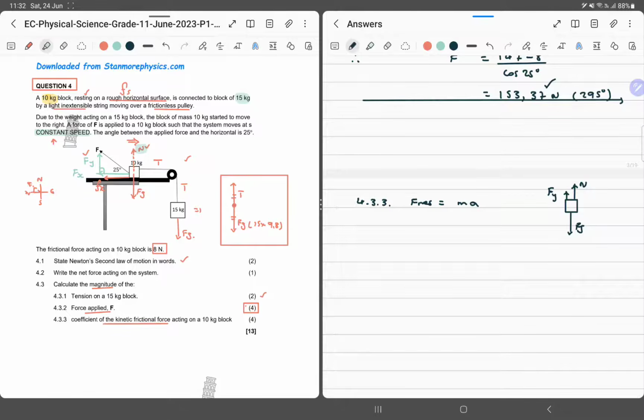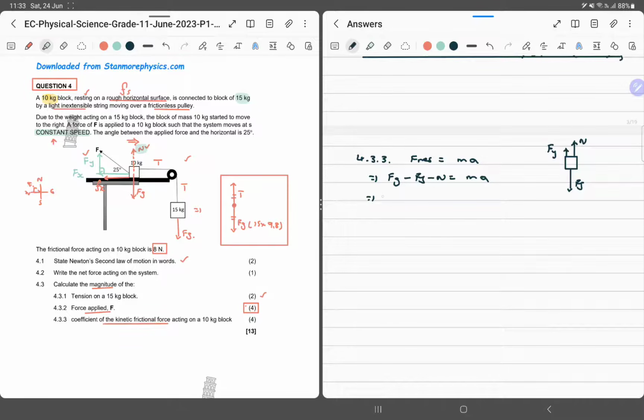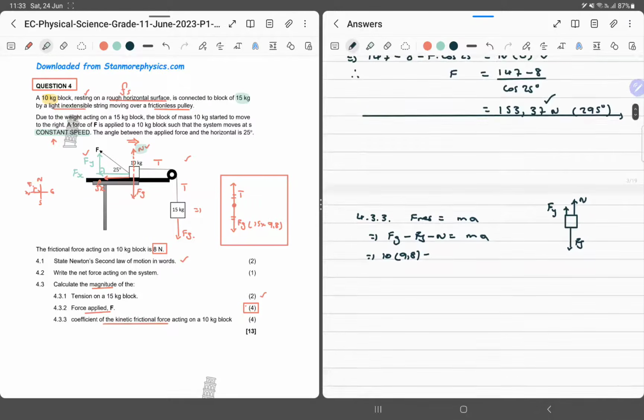Okay, so always have a diagram that you are using as your reference diagram. Here we can clearly see that. Fine, we can simply say Fg minus Fy minus N is equal to ma. Now let's do this. Fg is basically 10 into 9.8, minus Fy, which is basically F sine theta. That F sine theta, what did we find? It's 153.37 into sine of 25 degrees.